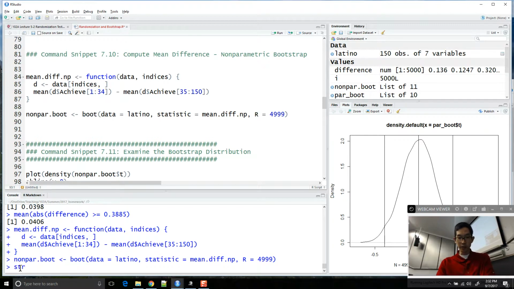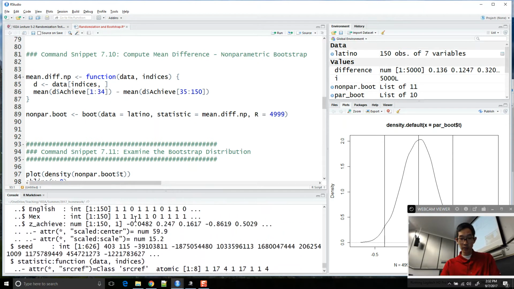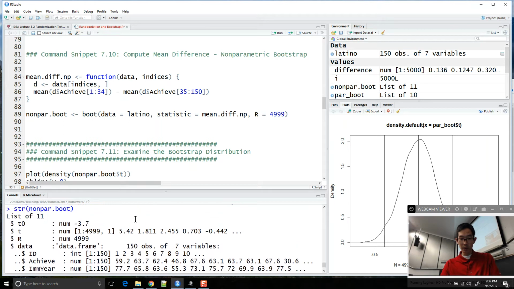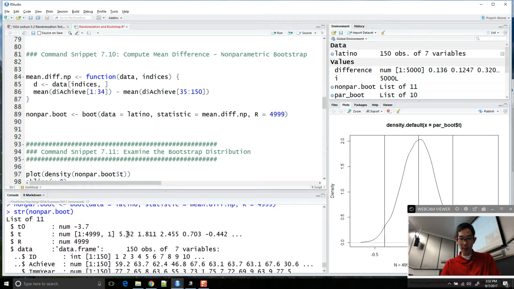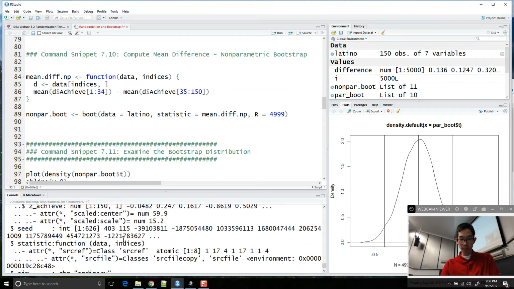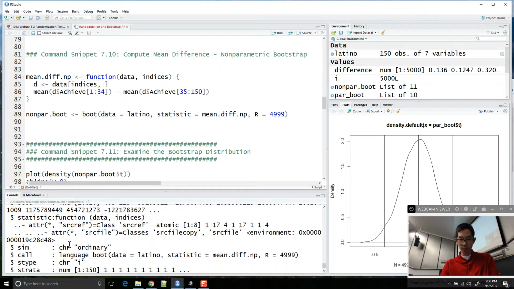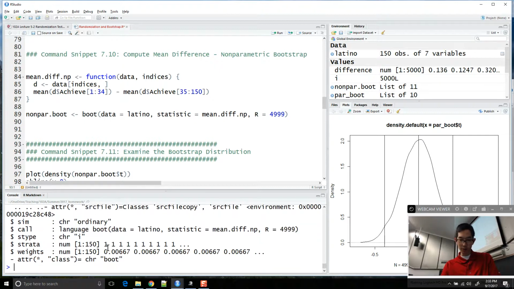Let me see if I can look at the structure of non-par.boot. I'm not sure where it is. But basically it's going to take a sample.